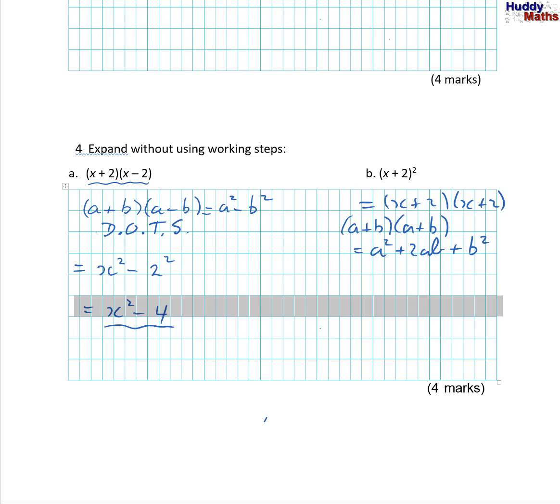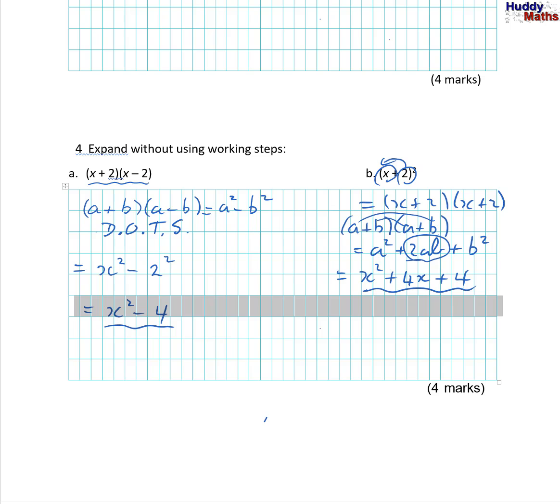Okay, so you're supposed to be able to write that straight down. So it's x squared, that's the first one squared, the product is 2x, so twice the product is 4x, plus the second one squared, which is 2 squared, or 4. And that's because the middle terms, when you expand these, are both the same, so they don't cancel out. You actually get 2 of them.